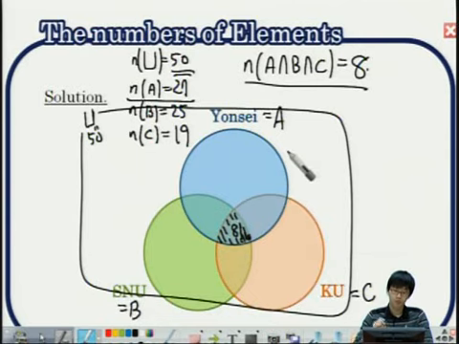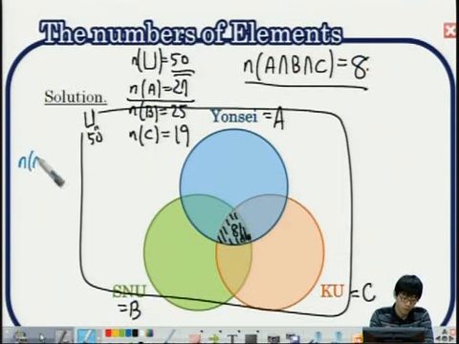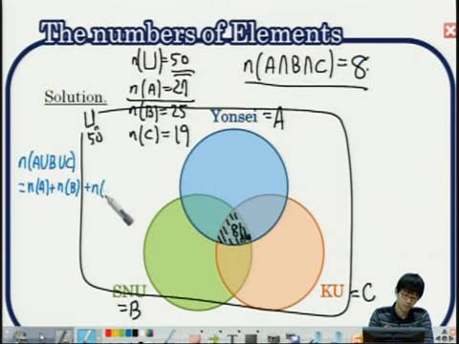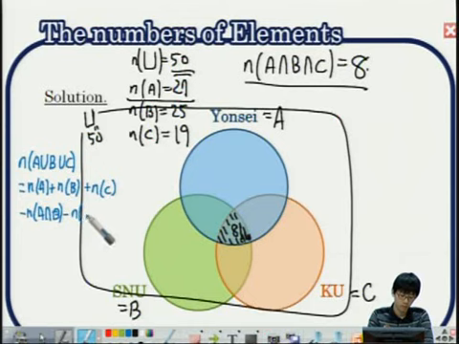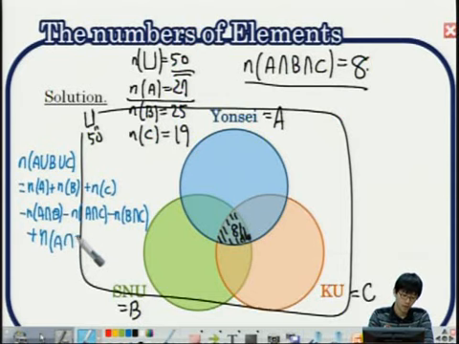So we have to use the equation formula I wrote you. A, B, C was, we sum this at the first step, and we subtract it in these 3 intersection components. And finally we added all 3 intersection of all 3 components.